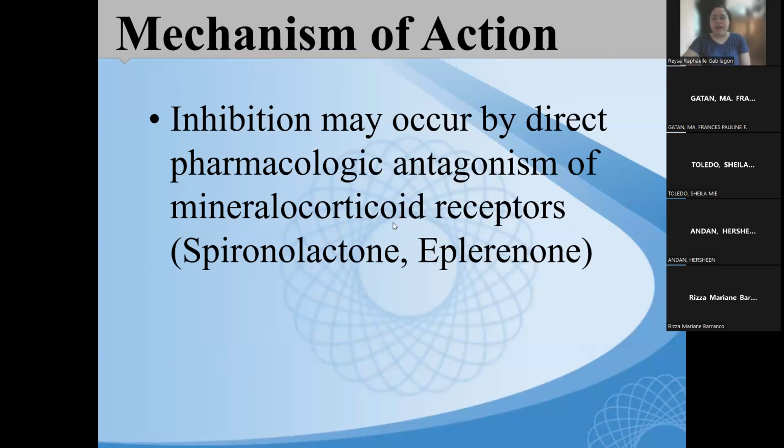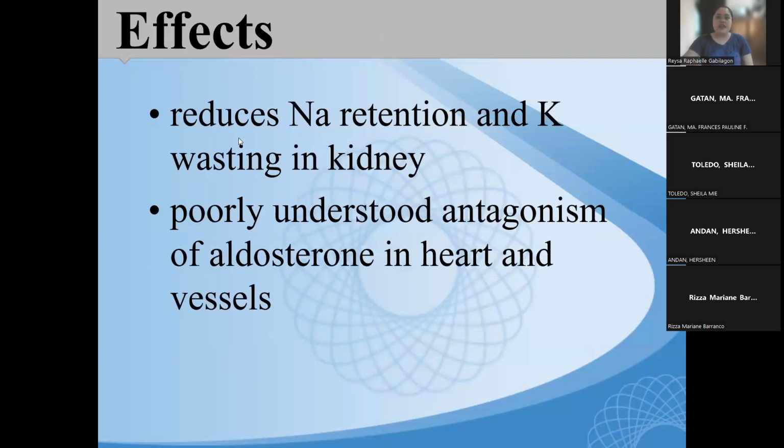Okay? Now, they inhibit the actions of these mineralocorticoids, leading to the excretion of sodium and water. But again, sodium and water only, they spare the potassium. So potassium stays in the body.